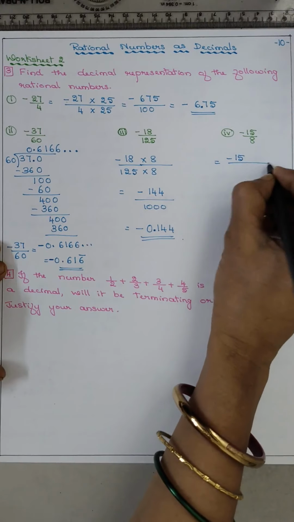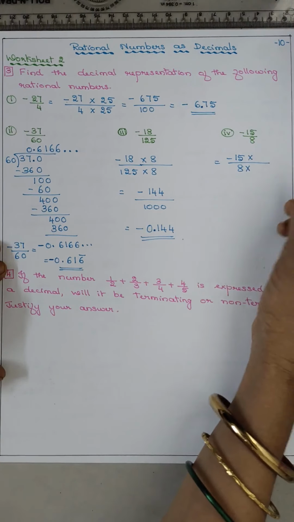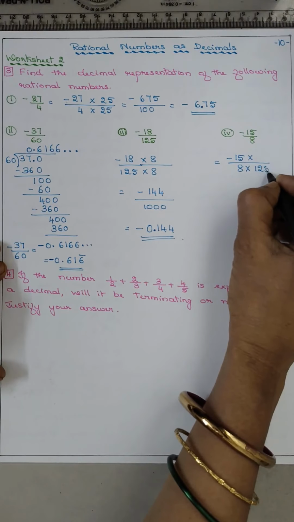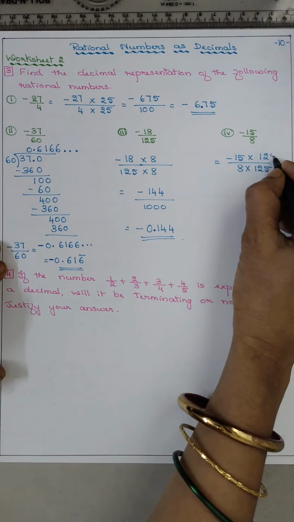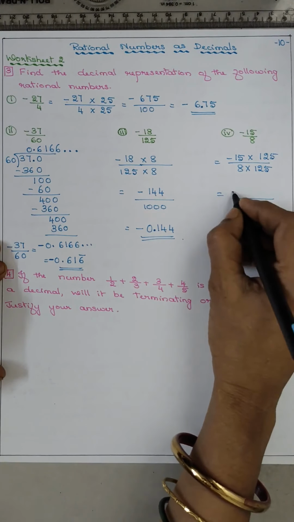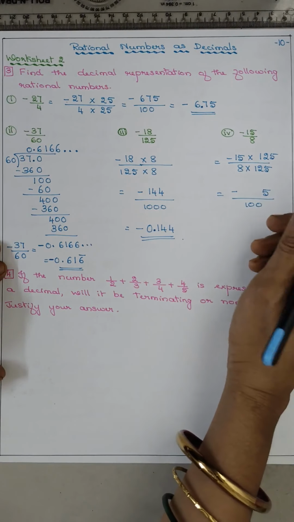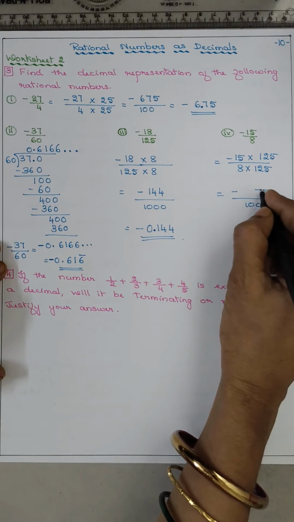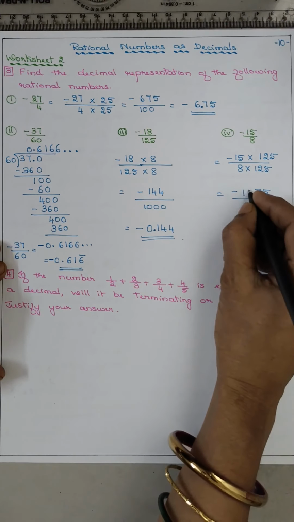Now minus 15 upon 8, again 8 can be converted, isn't it? 125 8s are 1000, so the denominator will be 1000. 15 5s are 75, 15 2s are 30, plus 7 is 37, 15 1s are 15, 16, 17, 18.